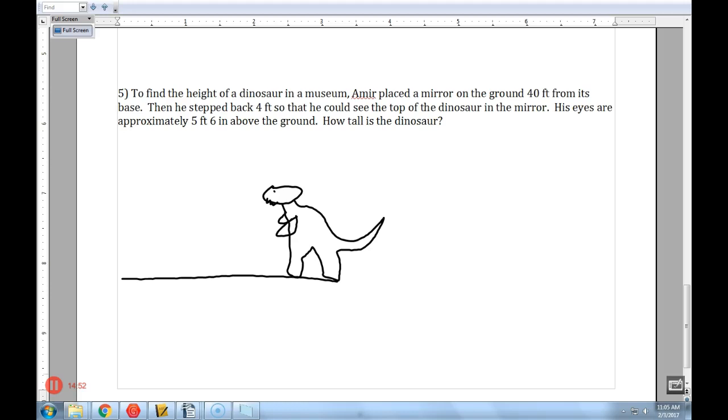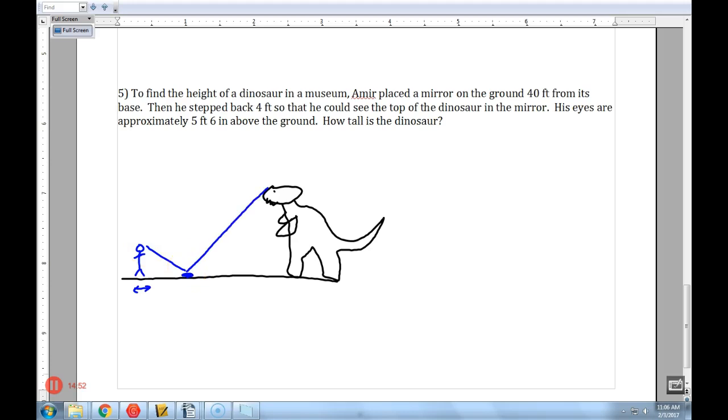We're inside. The lighting's not that strong. But what you can do is, as long as you know how tall you are, you can place a mirror on the ground. So you place this little mirror on the ground, and you're standing over here somewhere. And you move either forward or backward until you get to a point where you can see the very top of that dinosaur's head in the mirror.